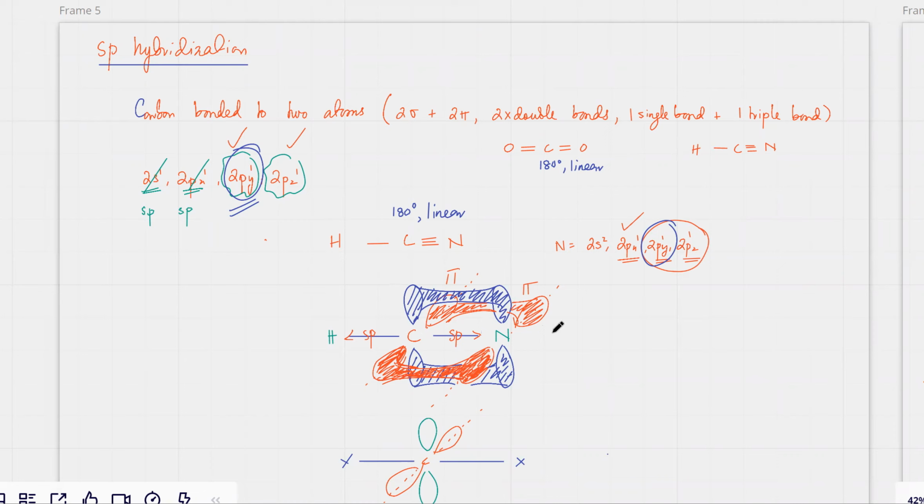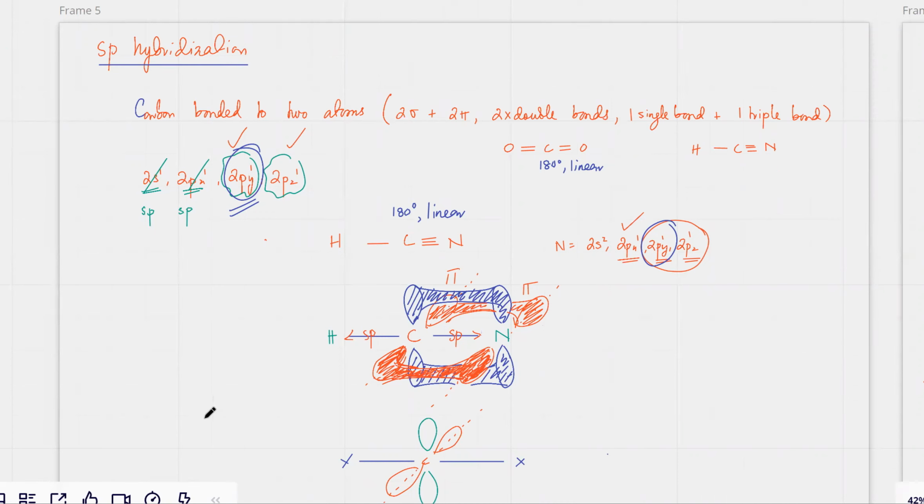So this is sp hybridization. Just remember, when carbon is just bonded to 2 atoms, 2 of its orbitals would change shape. The other 2 would remain as they were, which you can see over here. 2 of the electrons went in different directions, where the remaining 2 orbitals, they maintained their shape and they ended up forming pi bonds.